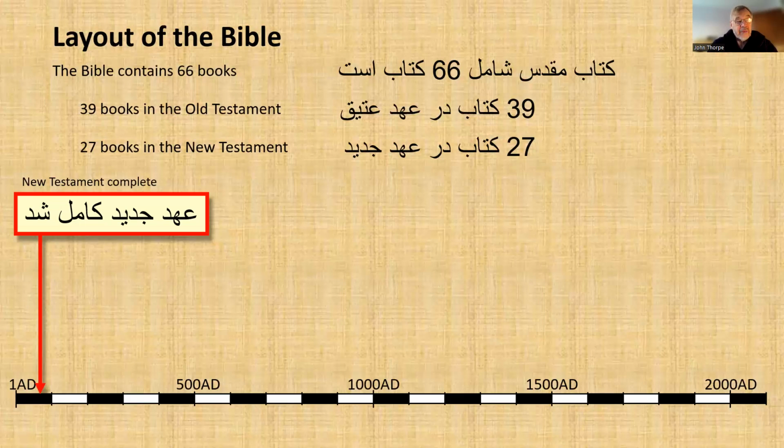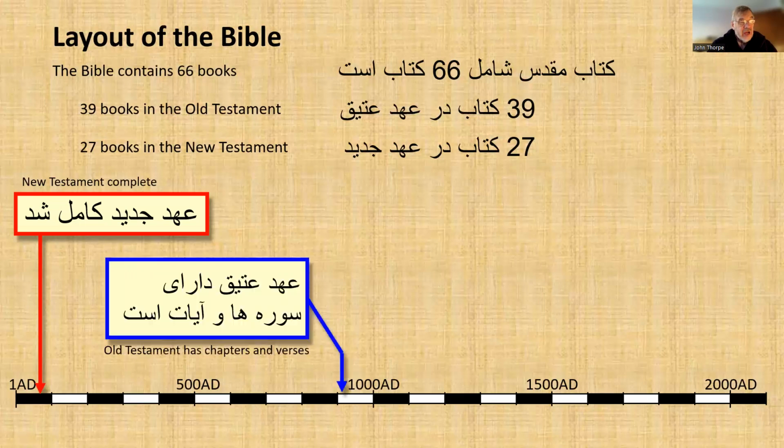And then we've got to think what happens in between the finishing of the Bible in about 70 AD to what happens nowadays. So in about 900 AD, Jewish scribes started to divide up the Bible into chapters and verses.